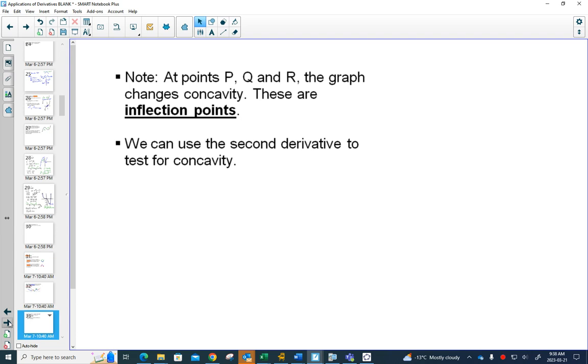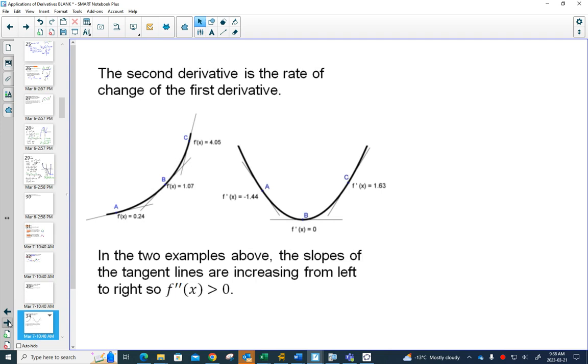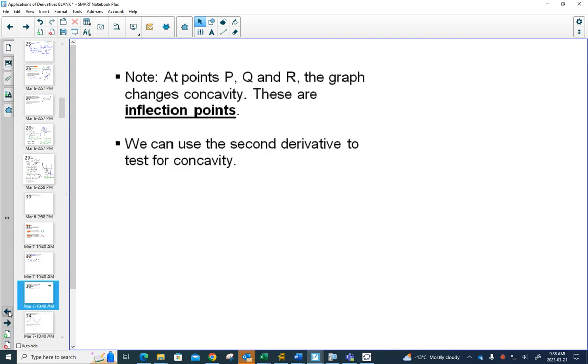And I've already talked about it, but the second derivative, I'm going to take this word here, test for, let's stroke that out, and just change it to find. Because there is a second derivative test that has nothing to do with concavity. Everybody thinks we will use the second derivative 99% of the time for concavity.